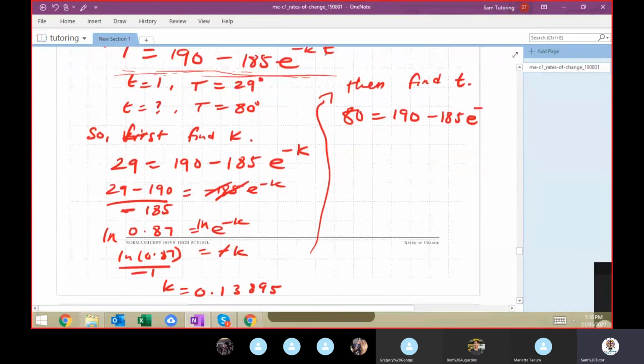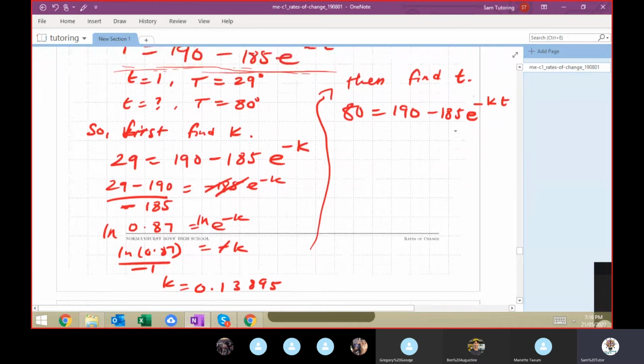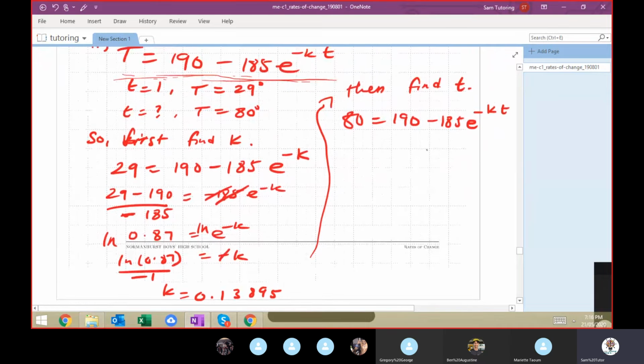I like to just write negative kt, and then we'll start solving for t. Exactly the same, and you can get yourself 3 marks. So 80 take away 190 is negative 110. Divide by negative 185 is 0.5945, and so on, equals e to the negative kt.